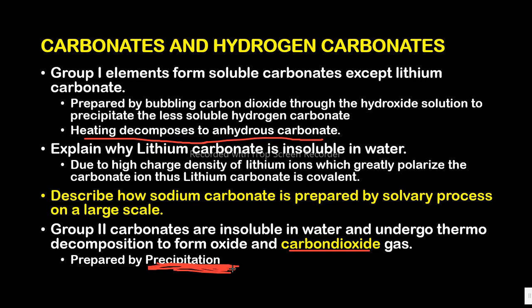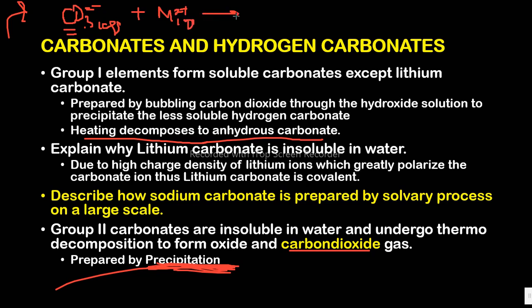So the easiest way of preparing them is by precipitation. You get any soluble carbonate, maybe sodium carbonate or potassium carbonate, and you dissolve it in water to give you the carbonate ions. Then you get any group 2 metal ion solution, maybe a chloride or a nitrate.